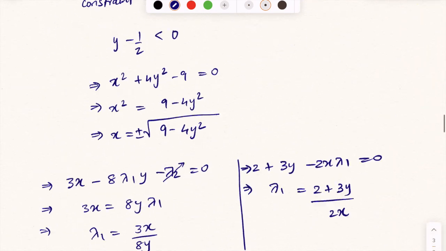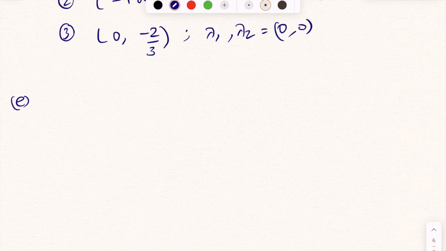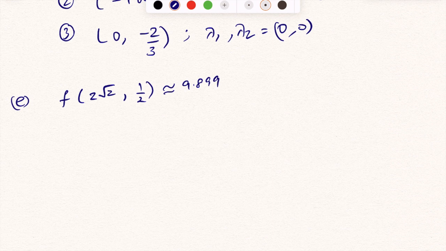And so if you do that, what you find is that the value of f, again, kind of trust me on this, but if you do the math, you'll find that the function f evaluated at (2√2, 1/2) is roughly equivalent to 9.899.